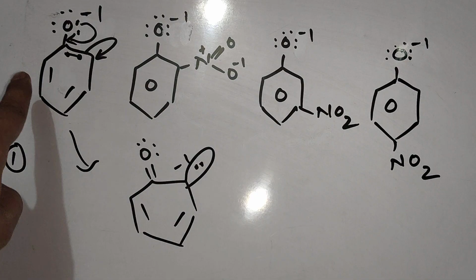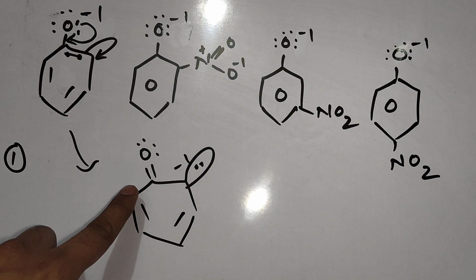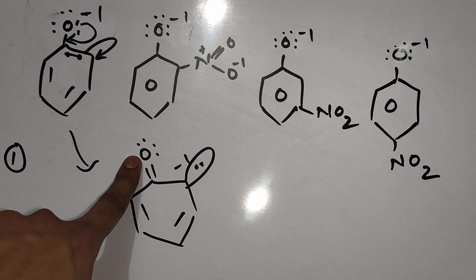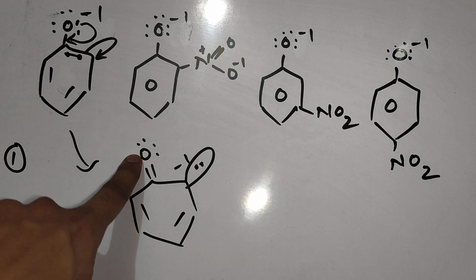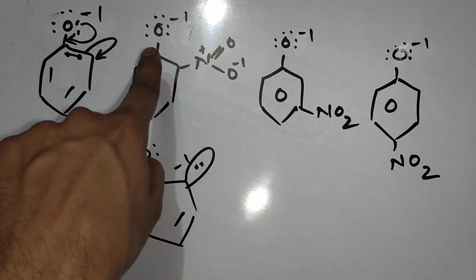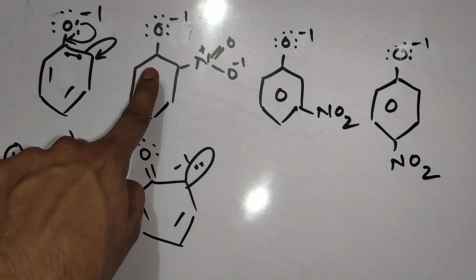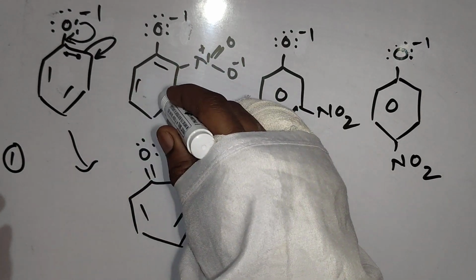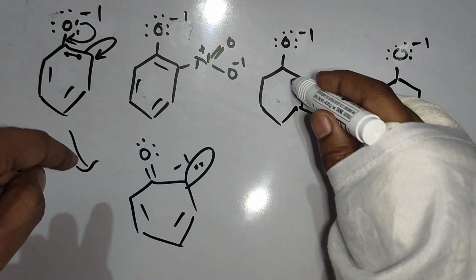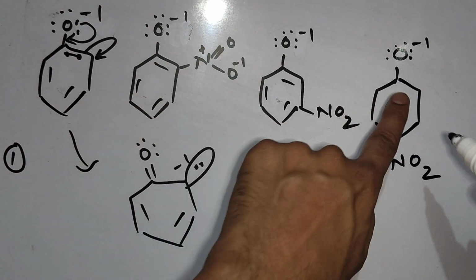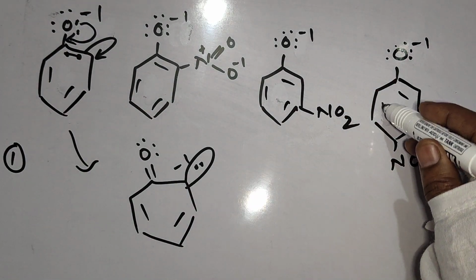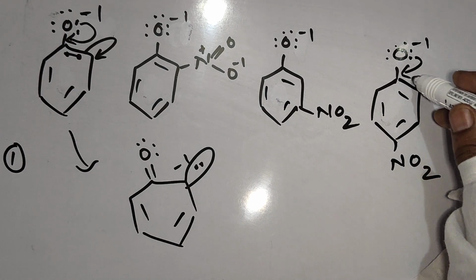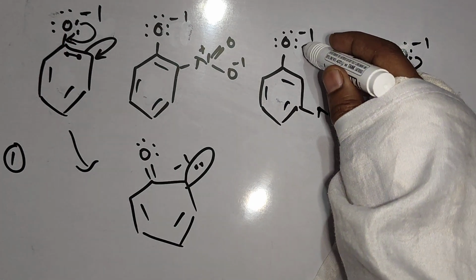This will be the next structure if I draw resonance of it. So you can check through a resonance of oxygen, its negative charge is finishing. And this resonance is available in all cases. In all cases, we have this factor.